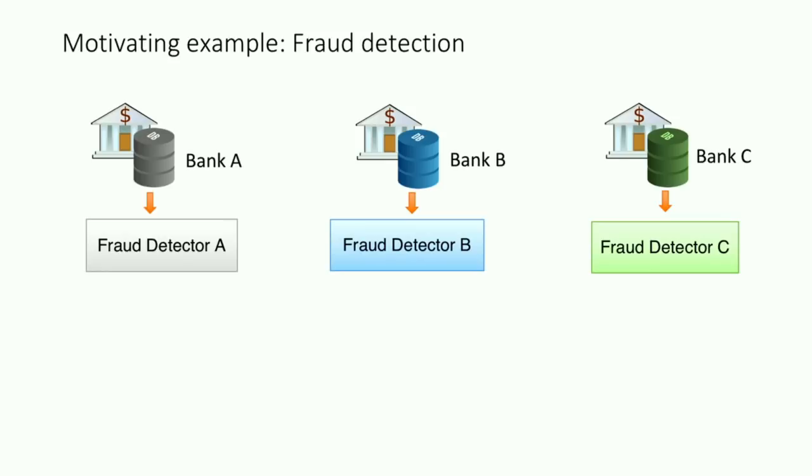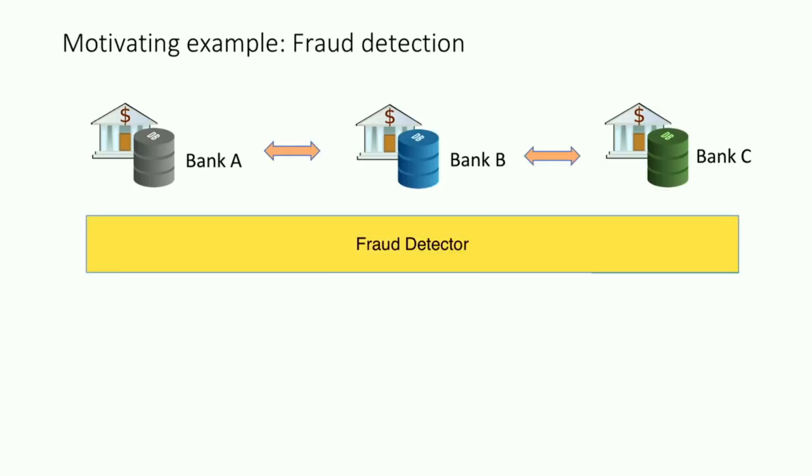However, as we all know, the effectiveness of these types of models really depends on the amount of data that the model is trained on, or the broad views that the model has seen.